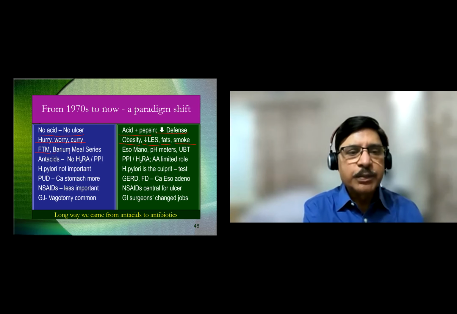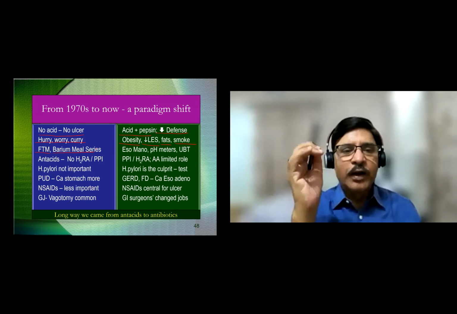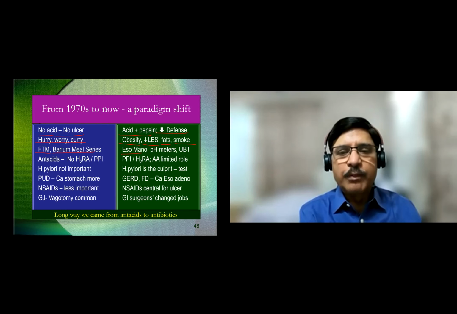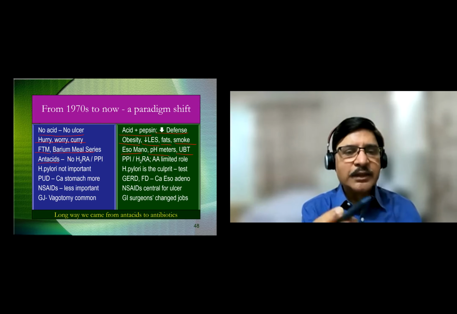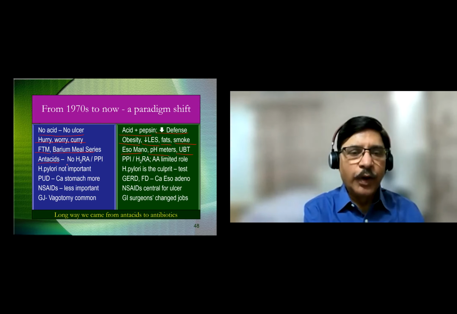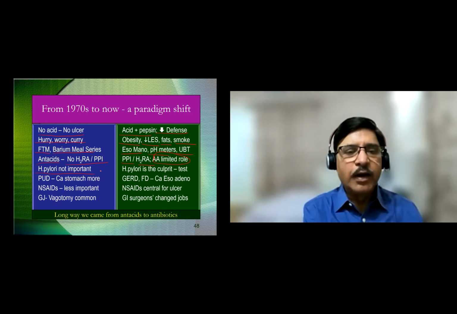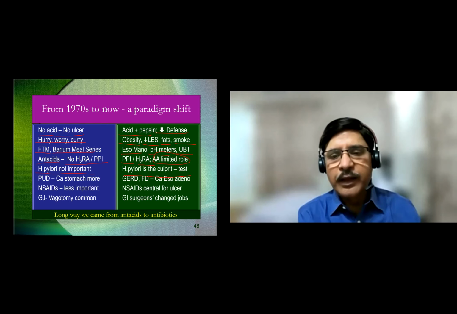Fractional test meal and barium meal series were the common investigations when we were students. Now, esophageal manometry, pH meters, urea breath test. Antacids were the only treatment; we didn't have H2RAs or PPIs. Now, PPI, H2RA, limited role for antacids. H. pylori was not considered; now H. pylori is the culprit.